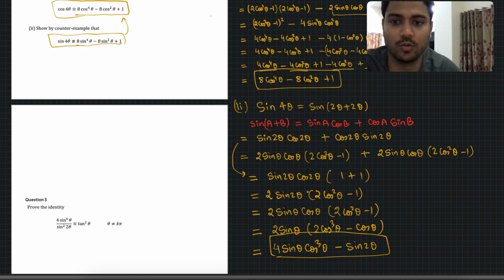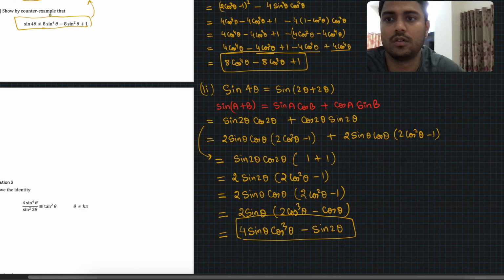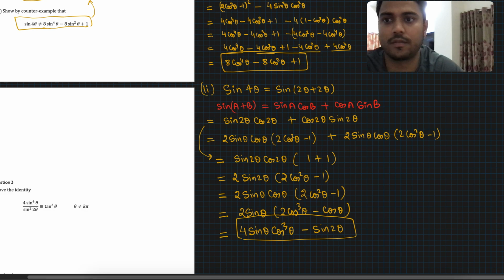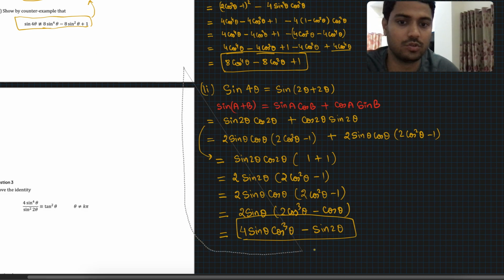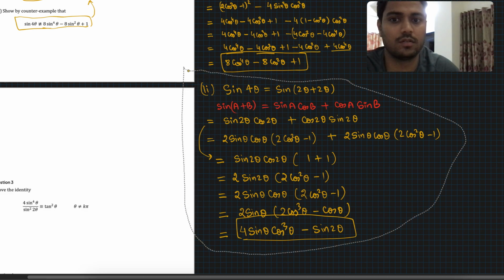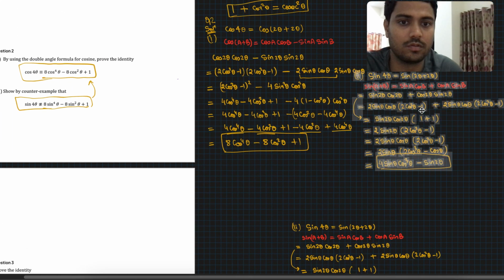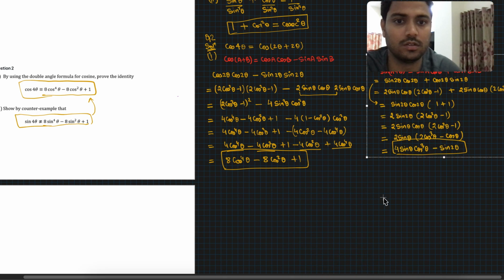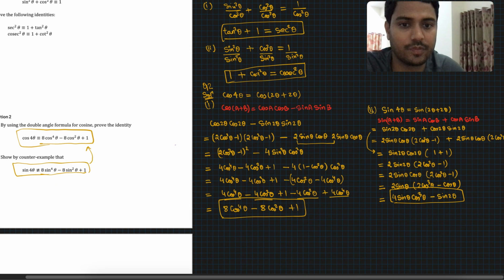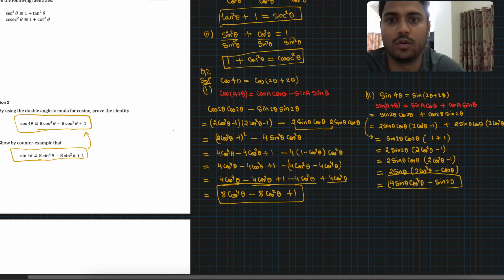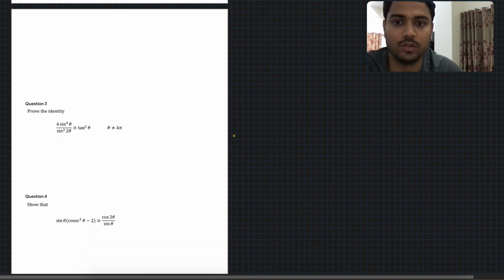So hence proved. Just a second. So we are done with this. Let me keep it here. So this is the solution of the second part, and now we are moving ahead to question number 3.